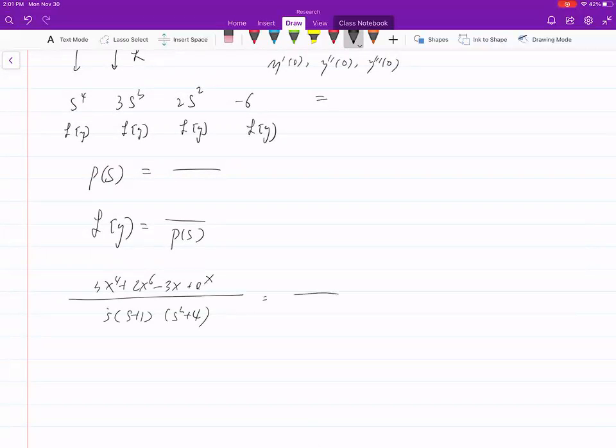Partial fractions. That goes back to calculus 2. Now what happens in calculus 2? Number one, if you do partial fractions, you will only have two kinds of factors. You will either have a linear factor or an irreducible quadratic. Make sense so far?